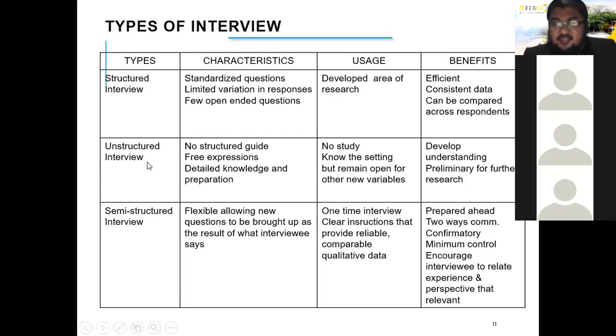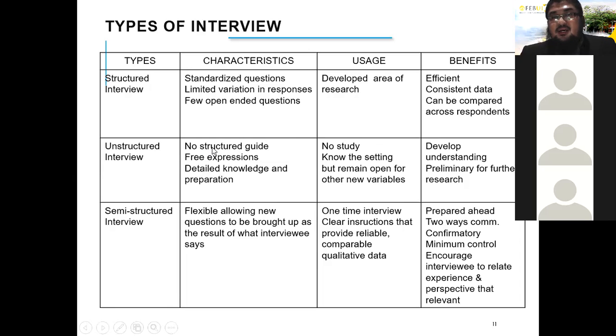In the unstructured interview, there are no interview guidelines. So it's free expression. You can ask questions however you like. But for the unstructured interview, the interviewer needs to be an expert.